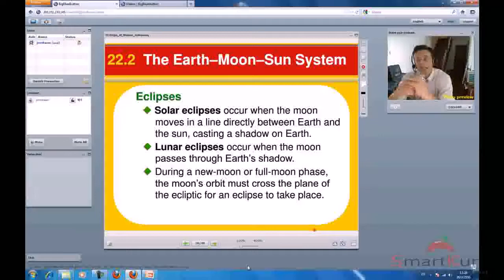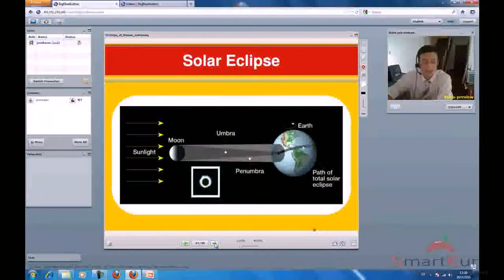That's one true revolution for the Moon. However, we measure it in relation to the Sun, so we see that happening every 29 days, and that's our synodic month.